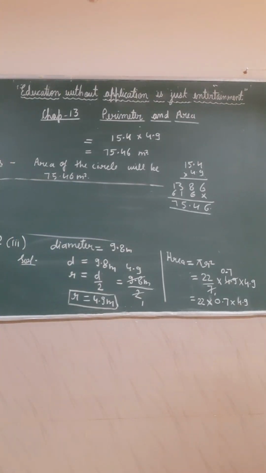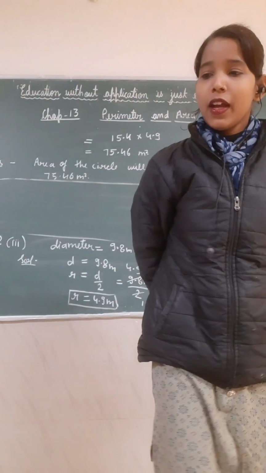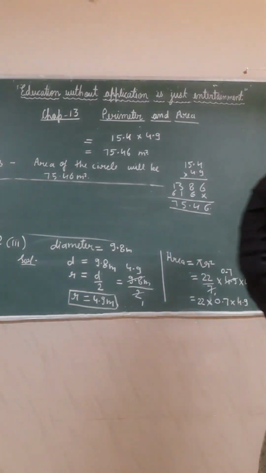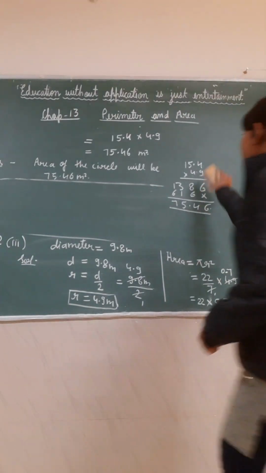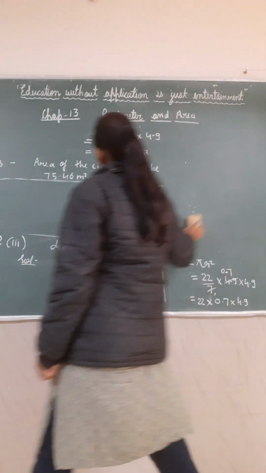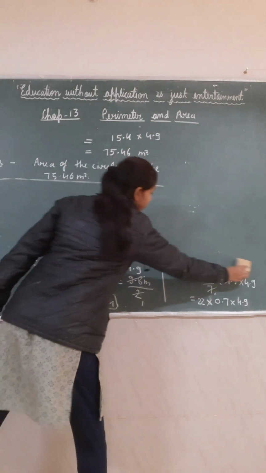Draw the line. Okay. Note down question number 4. I am rubbing the board. Note down question number 4.